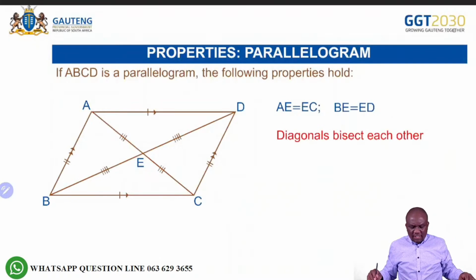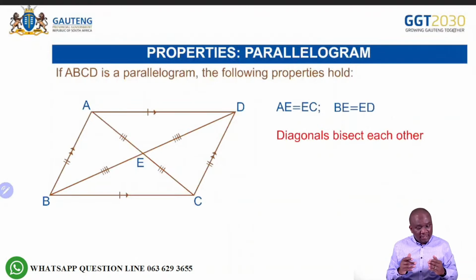Right, welcome back, grade 10s. What do I mean by saying diagonals bisect each other? The diagonals cut each other into two equal parts. Look at diagonal AC. What does it do to BD? AC divides BD into two equal parts.